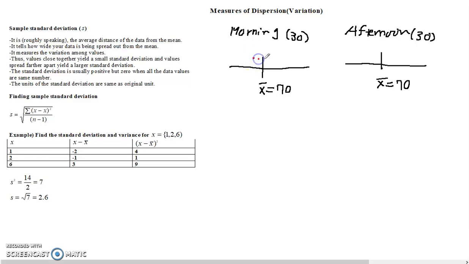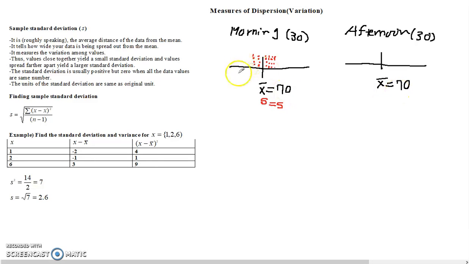I cannot put all 30 of them there, but let's say most students have pretty much scores like this. So in this case, let's assume that s equals 5, the standard deviation is equal to 5.